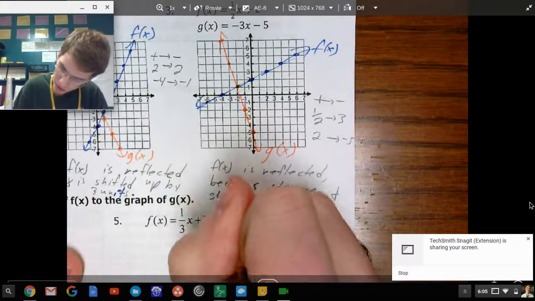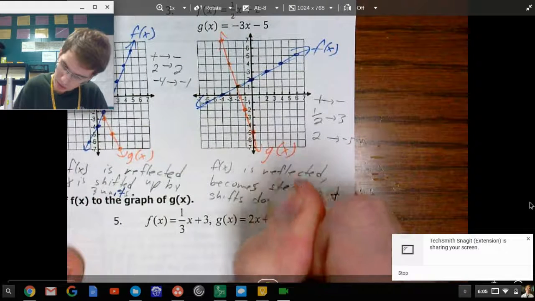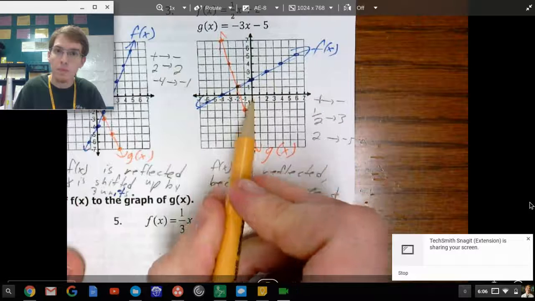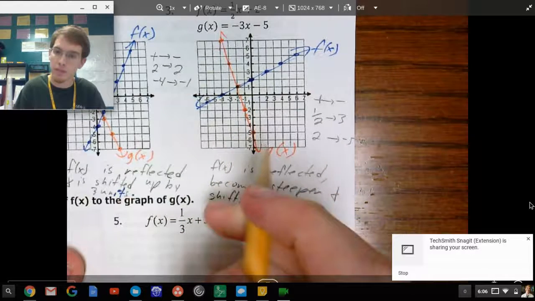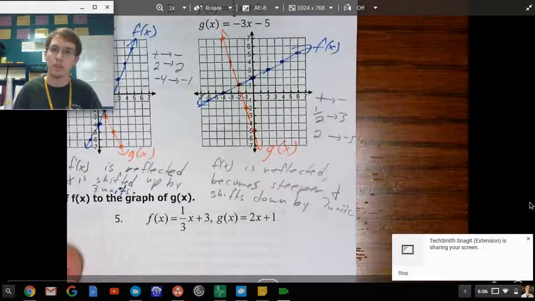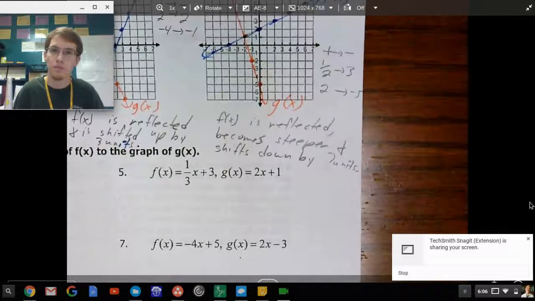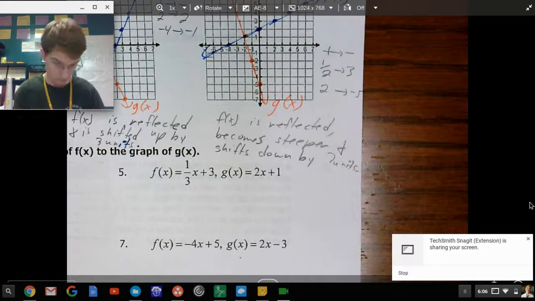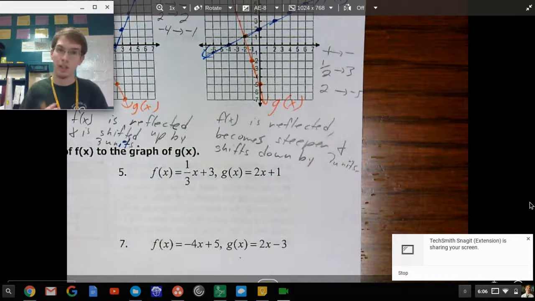The y-intercept went down, so it shifts down by 1, 2, 3, 4, 5, 6, 7 units. So in this case, we have all 3 of those transformations. That's the most we could have. We can only have 3 transformations total on something.